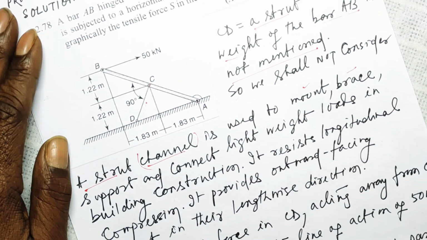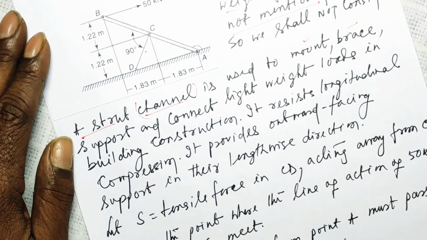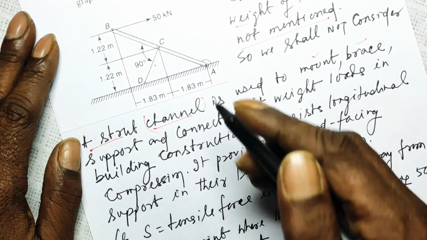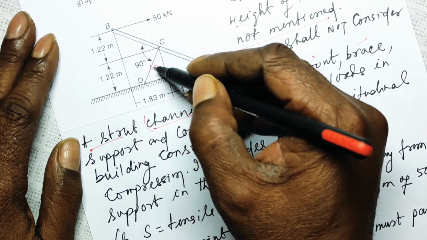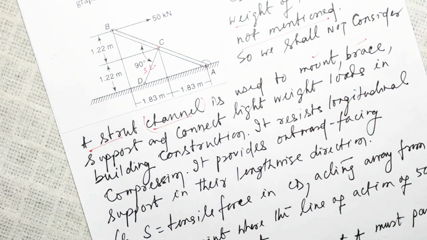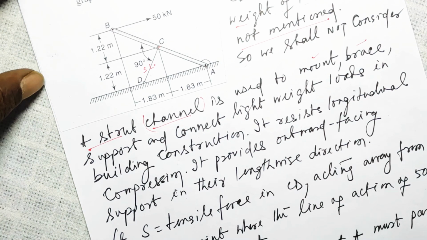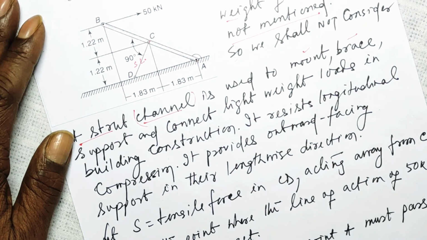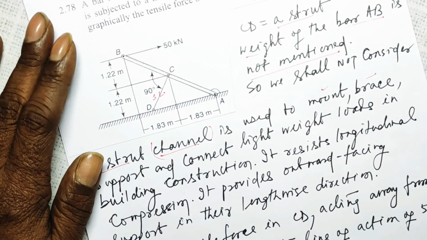Now, let S be the tensile force developed in the strut CD. So it will be acting away from the point C to this side. Let it be S. And the diagram I will redraw again for better understanding. Let E be the point where the line of action of the 50 kilonewton and axial forces meet.